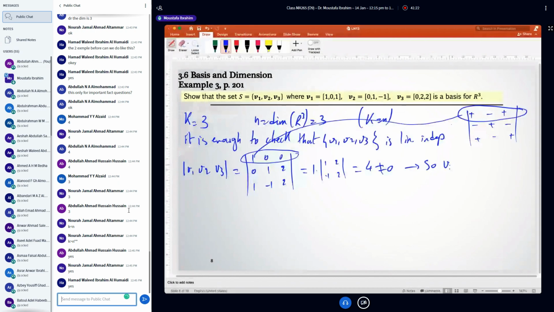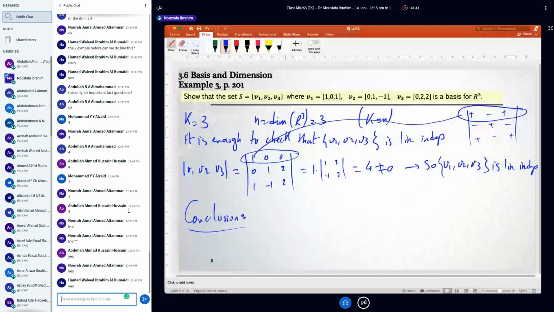So V1, V2, V3 is linearly independent. Directly, no need for span. Conclusion: we said k equals 3, n equals 3, k equals n, and we need only linearly independent. So already we justify our answer.